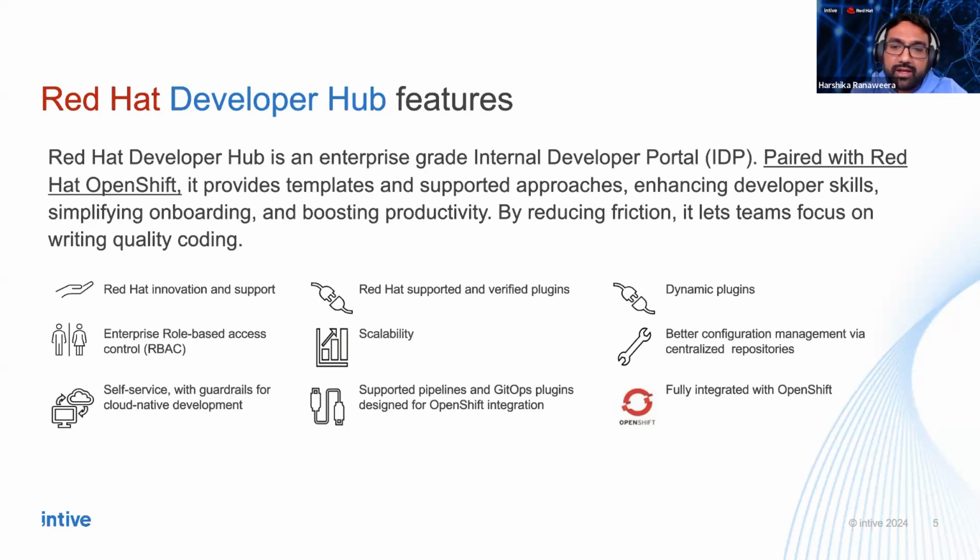Now, the important part is the plugin feature of the Red Hat Developer Hub. Using the plugin feature, you can integrate various different developer infrastructure into the Red Hat Developer Hub. So today we have deployed our Red Hat Developer Hub onto the Red Hat OpenShift Service on AWS. So let me invite Reese to go through it here.